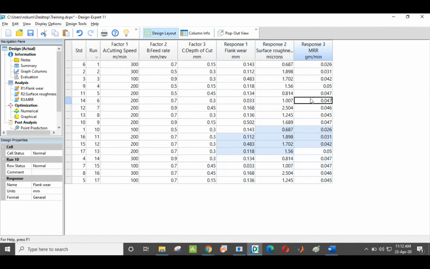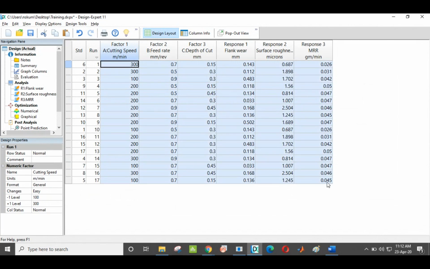So I have entered the values. Someone asked, sir, what happens if I forget? No problem. You can just save this into an Excel or a Word file. Then I can easily cut and copy. So cut and copy is possible with this.